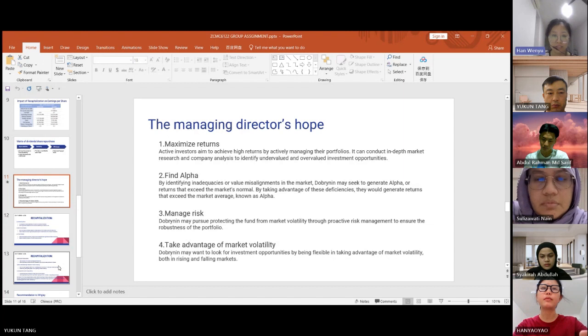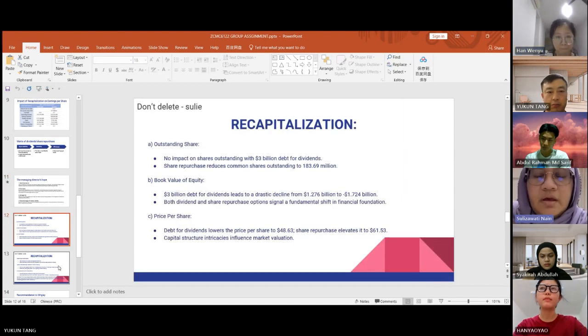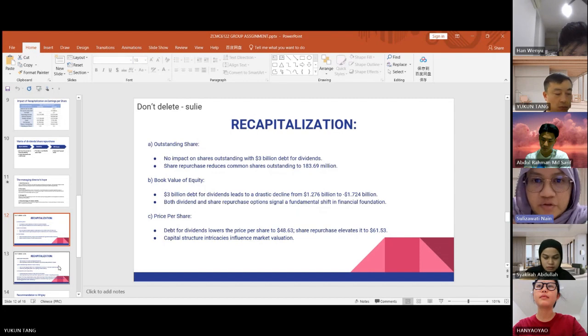Okay. Next, please. For recapitalization, by issuing 3 billion of new debt to pay the dividend or to repurchase shares. For outstanding shares, the impact of the dividend is no change, but the share repurchase will reduce the common shares outstanding to 183.69 million. For book value of equity, the 3 billion debt dividend leads to a drastic decline from 1.276 billion to negative 1.724 billion.